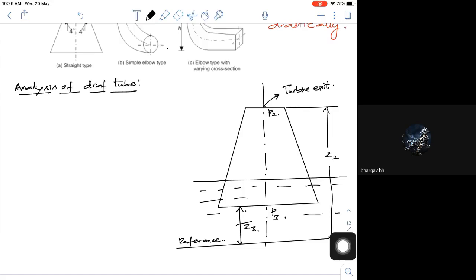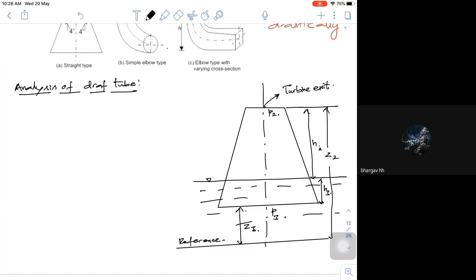Okay, and this is your H3, and this is your H. We call it as H or H2 or whatever it may be. Okay, and this is your tail race free surface.